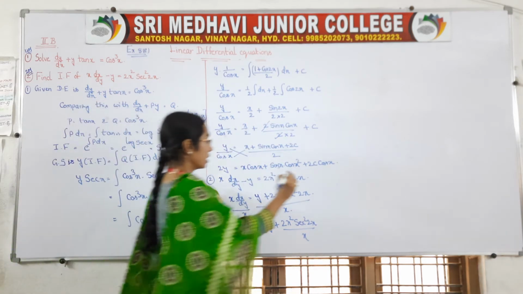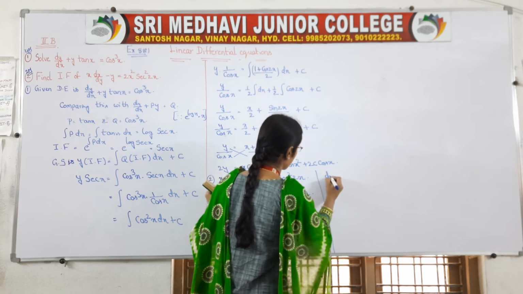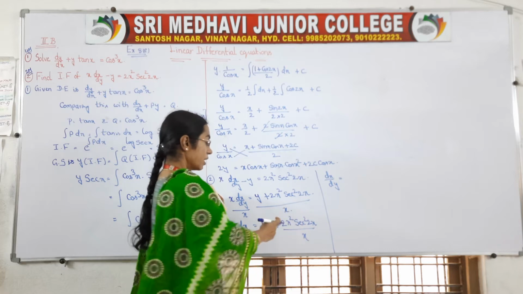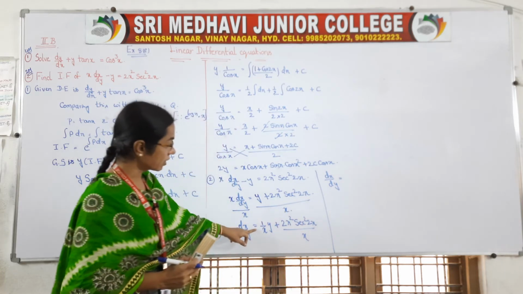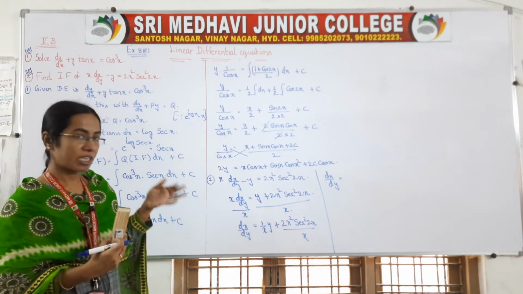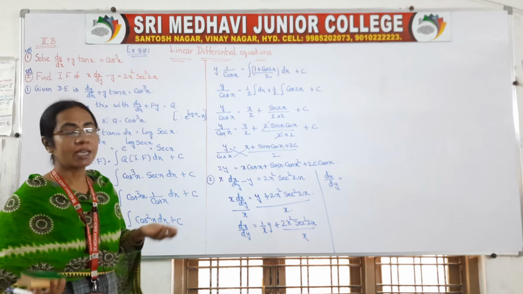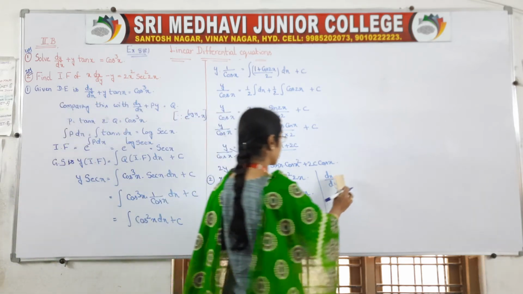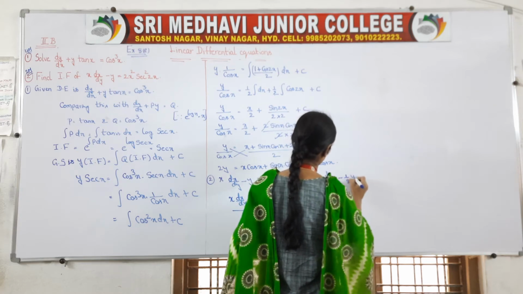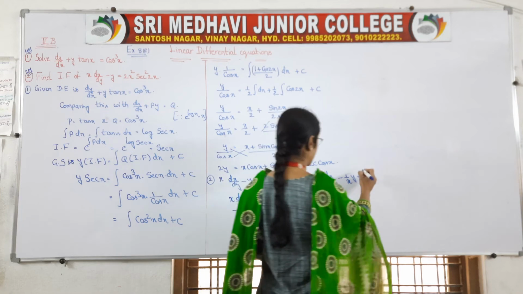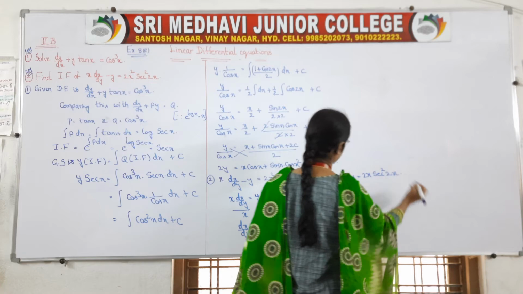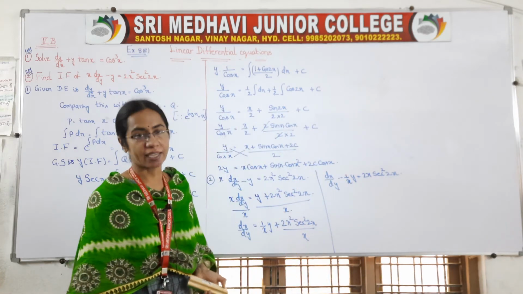Here x will get cancelled, and bring this term to this side, so that slowly we bring it into linear differential equation form, then only we can find its integrating factor. So it is minus 1 by x into y is equal to 2x into secant square 2x. Okay, x will get cancelled.